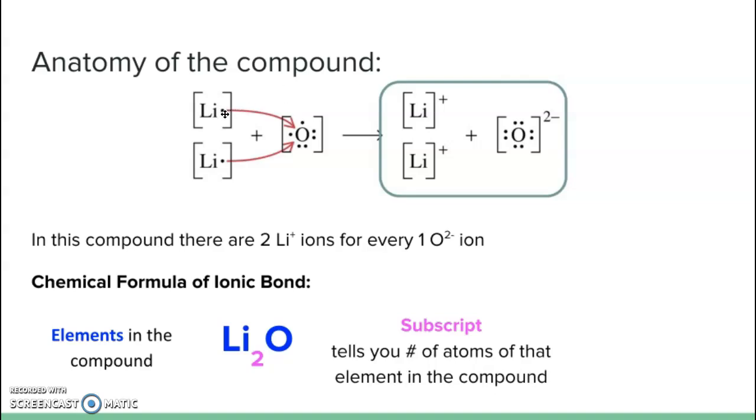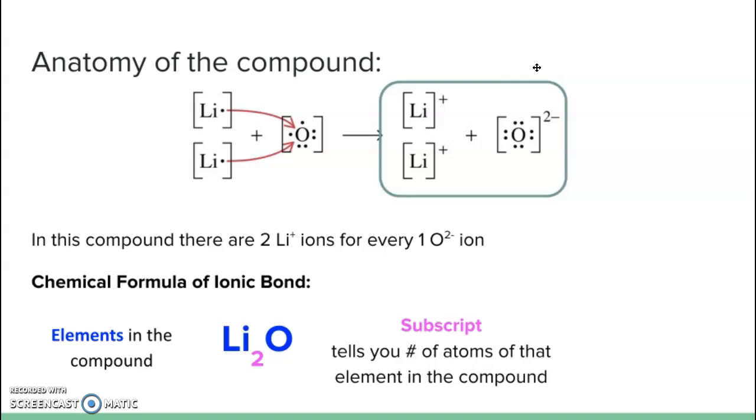It can gain 1 from 1 lithium here, and it can gain the other from another lithium, okay? When lithium loses an electron, it becomes a positive. When oxygen gains its 2 electrons to fill its octet, it becomes a 2-. Okay, and so I need a total of 2 positives to equal each other out to get an overall neutral. So I'm going to have an Li2O, because I have 2 Li's, O.